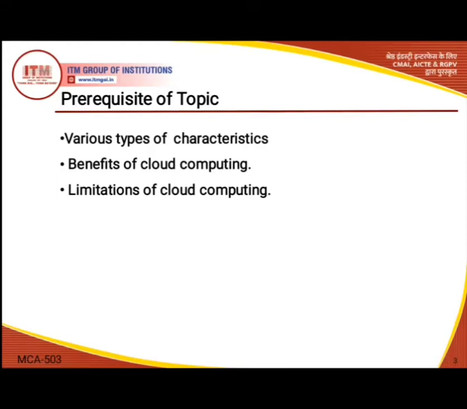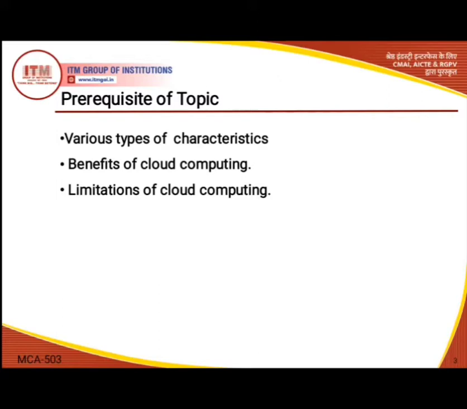Also we discussed what rapid elasticity and scalability actually mean, and why we need scalability in a cloud computing environment. So you should have knowledge about elasticity and scalability.